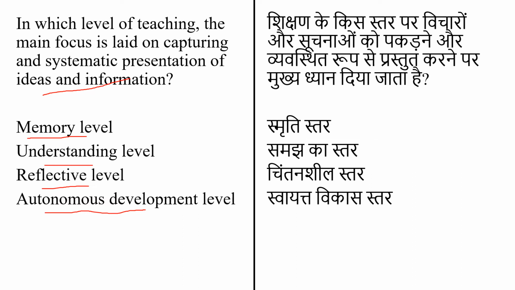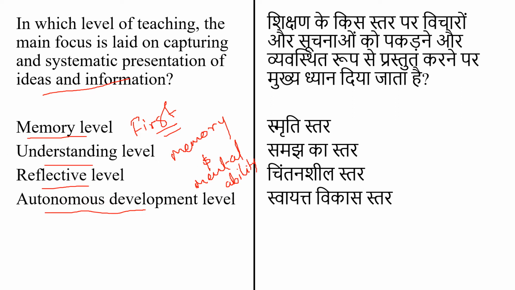The memory level of teaching is the first. We consider the memory level as the first and thoughtless level of the teaching, which is concerned with the memory and mental ability of the child that exists in all living beings. So here in teaching we are talking about a child.